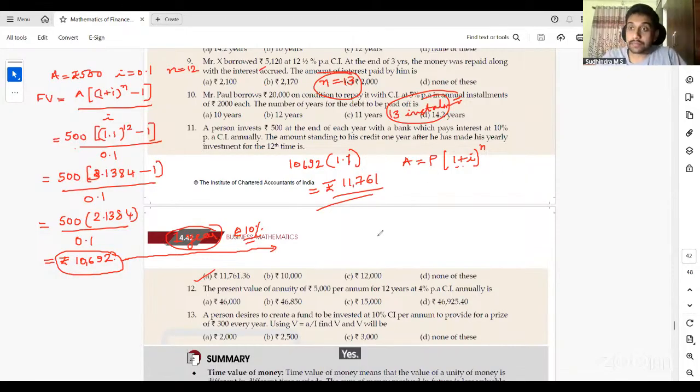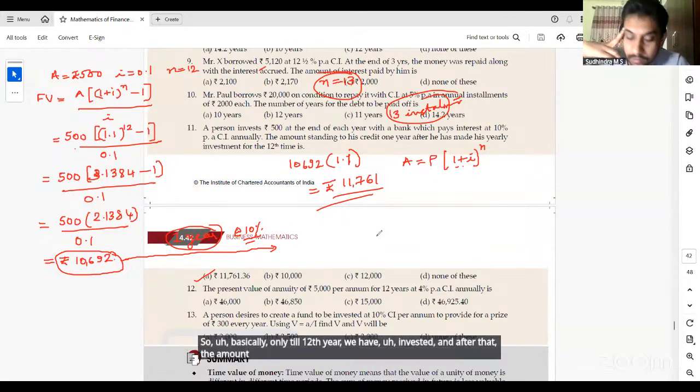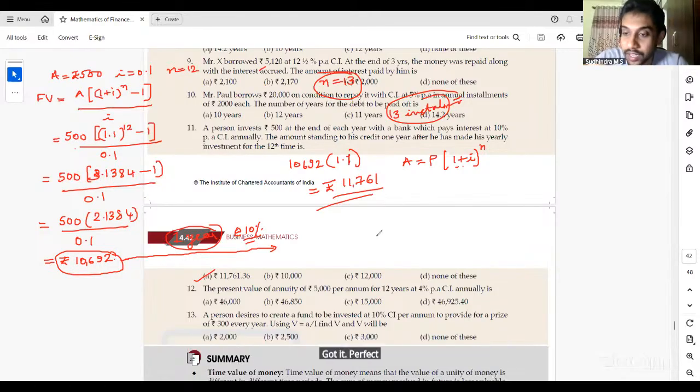So basically, only till the 12th installment we have invested, and after that, the amount that we got at the end is only from compound interest, not payment of installments. Perfect.